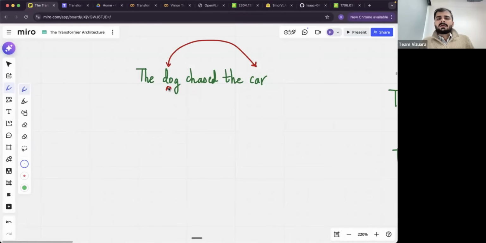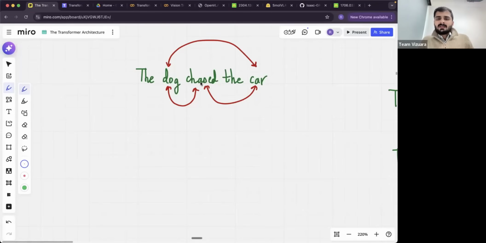And this dog and chased are related to each other, and probably chased and car are also related to each other. So in our minds, we are forming these connections without even thinking about it. And these connections are called attention. So it means that the token dog is attending to the token car, the token chased is attending to the token car, and the token dog is attending to the token chased.